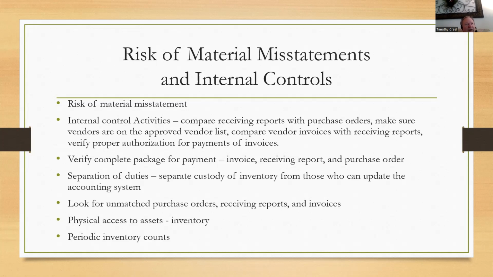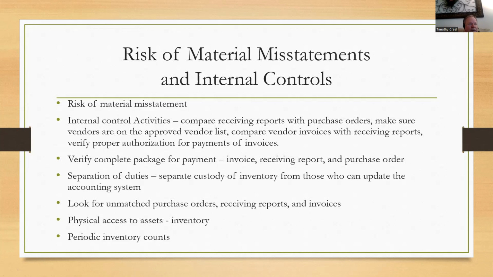When it comes to making payments, it's like I said in this next thing: verify complete package for payment. So your package for payment should be an invoice from the vendor, a receiving report, and a purchase order. And they should all match. That's put into a package, and then a check will be prepared.